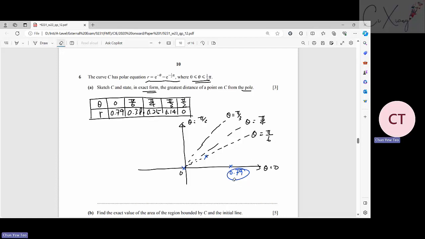Okay, so the distance will be cut into half. Then this one will become smaller, 0.25. Then 0.14. So at the end, your graph will be like this. Okay, your graph will be like this.